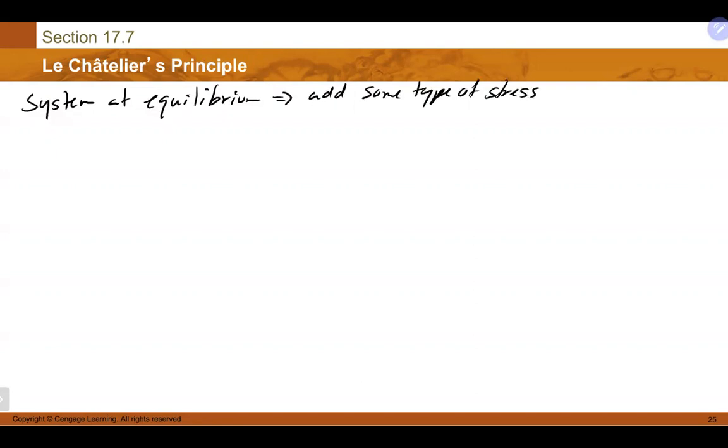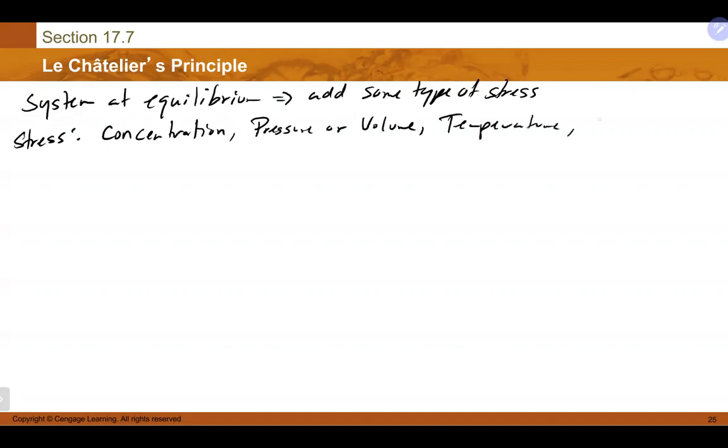Remember, in terms of stresses, it could be something to do with the concentration. It could be the pressure or volume. It could be the temperature. It could be a catalyst as well. So these are all stresses that you could apply to a system.